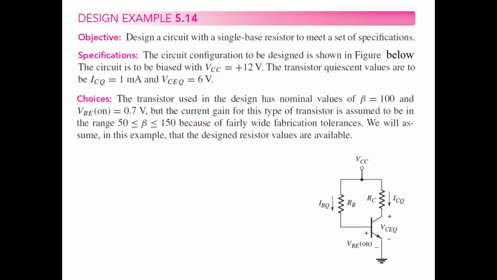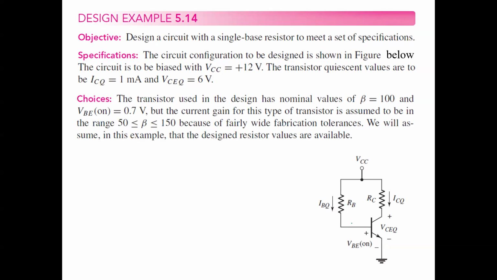Let's solve an example together. So here, we need to design a circuit with a single base resistor. If I say that in the exam, you don't need to have the circuit in front of you, because this is going to be the configuration of the single base resistor.